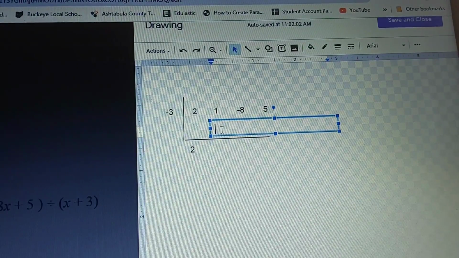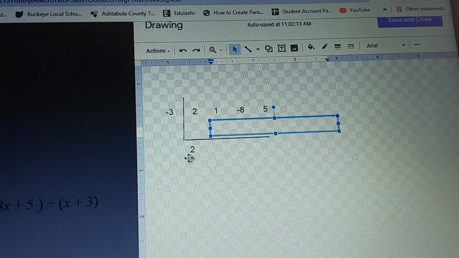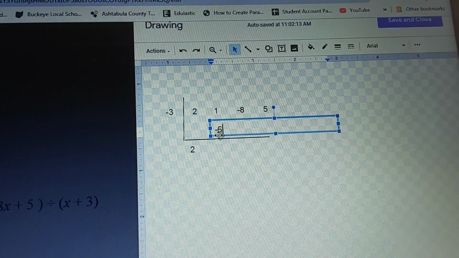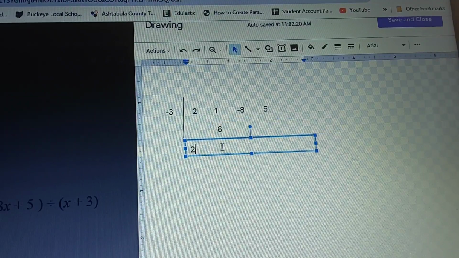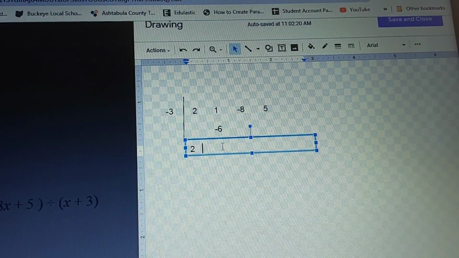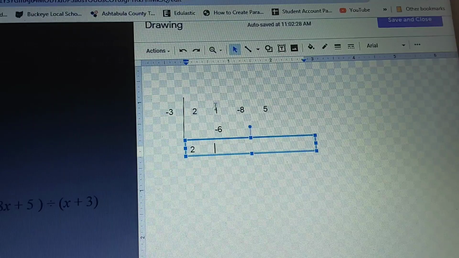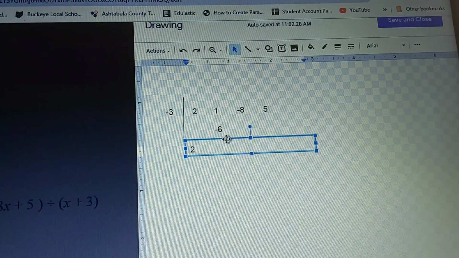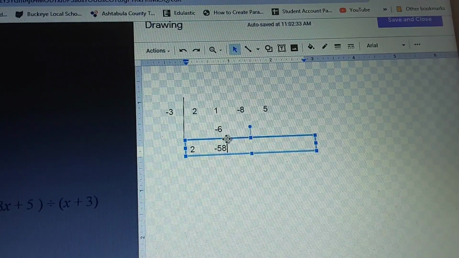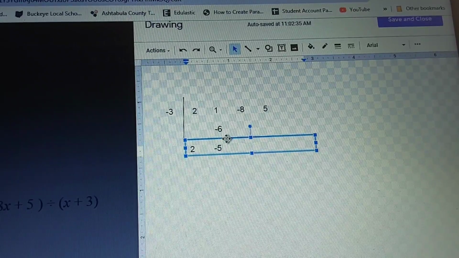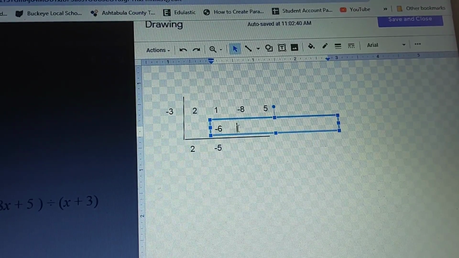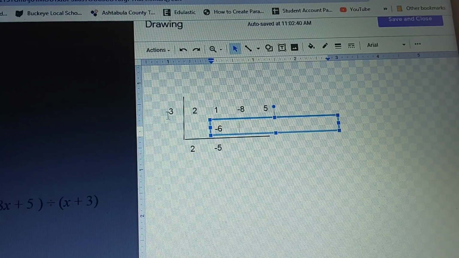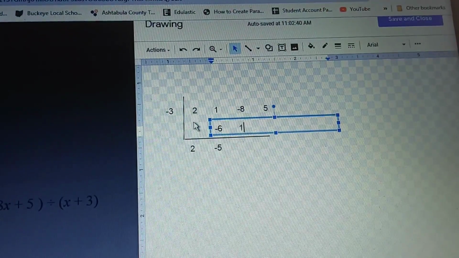Okay. So now I'm going to do my 2 times -3, gives me -6. I'm going to type -6 in here. I'm going to go down to this bottom box, and I'm going to do my math. 1 minus 6 is -5. Then I go back up here. -5 times -3 is 15.